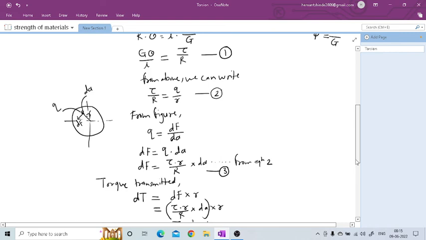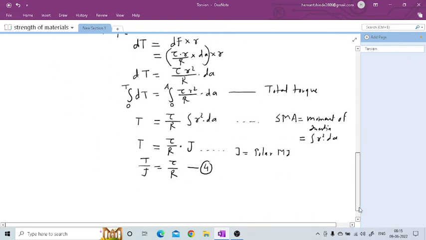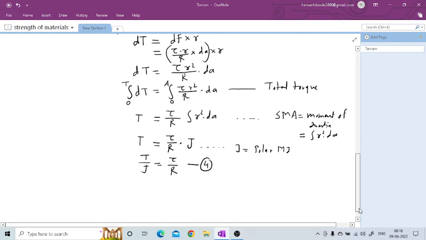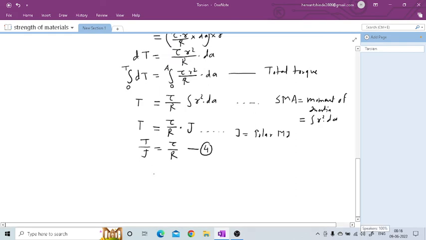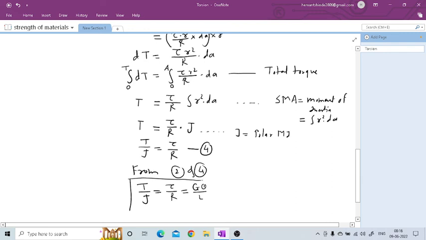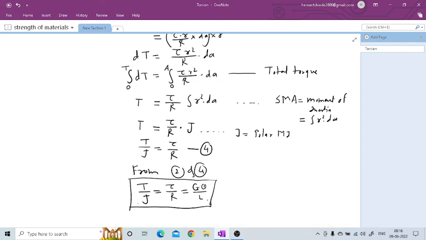In equation 2, tau by R is equal to G theta by L, and in equation 4 tau by R is equal to T by J. So in both equations we have tau by R. So from 2 and 4 I can write T by J is equal to tau by R is equal to G theta by L. This is the expression for the torsion theory.